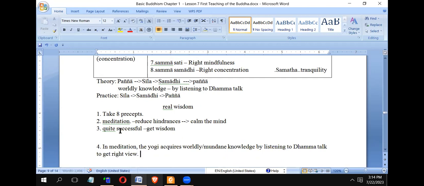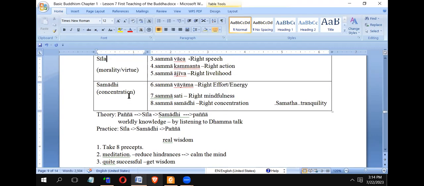So later, after practice, they can acquire real knowledge, or real wisdom.